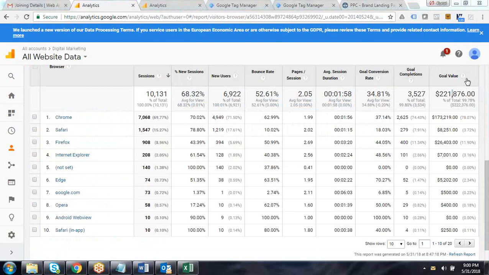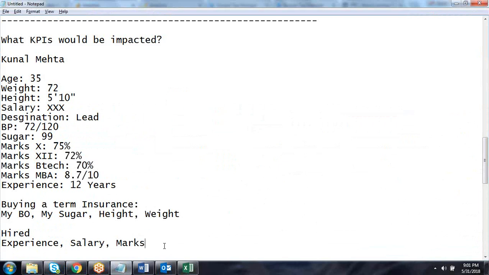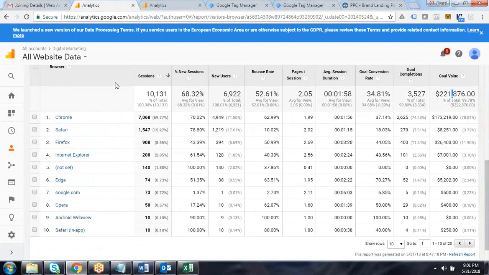What KPIs would be impacted from the list that you see over here when I say that my user experience would be enhanced? Would there be any impact on sessions?